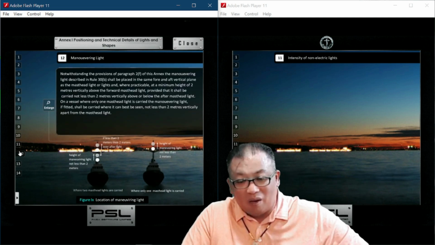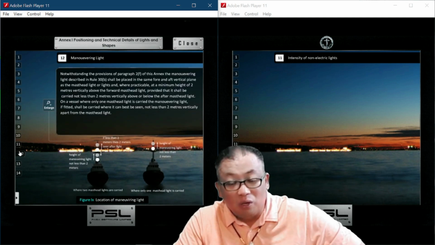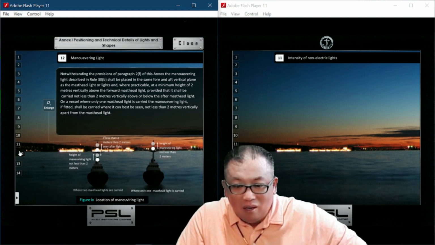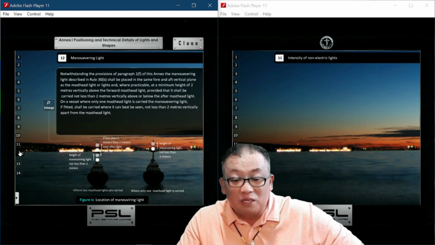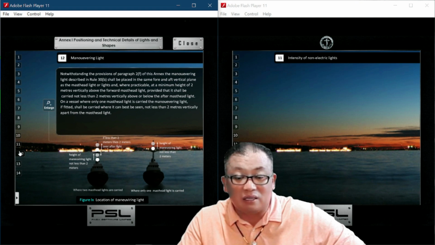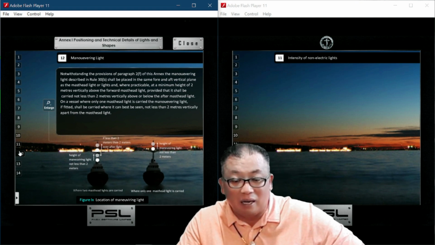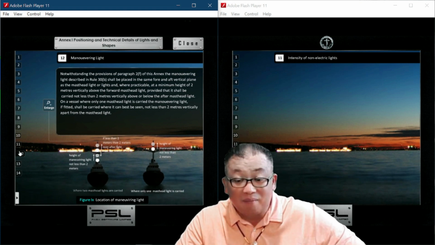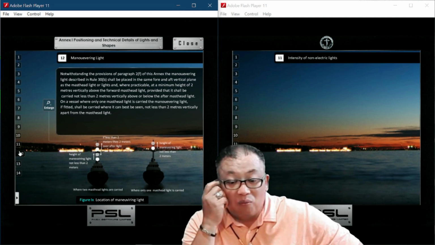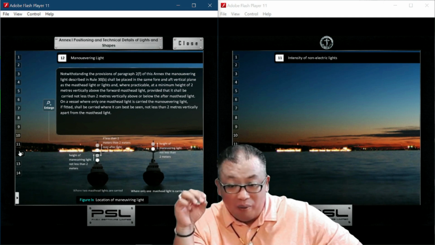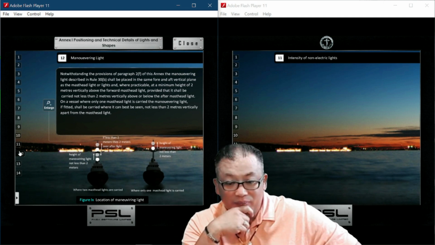Subsection 12. Let me read the rules and let's rediscuss. Notwithstanding the provision of this paragraph of this annex, the maneuvering light prescribed in Rule 30 shall be placed in the same fore and aft vertical plane of the masthead light where practicable at a minimum height of 2 meters vertically above the forward masthead light, provided it shall carry not less than 2 meters vertically above or below the after masthead light.